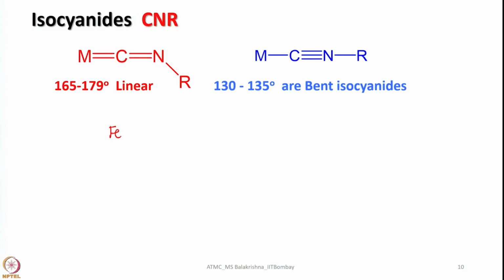Isocyanides are again neutral ligands, very similar to carbon monoxide or tertiary phosphines. So some simple substitution reactions can be performed. This is a general reaction I am going to write.